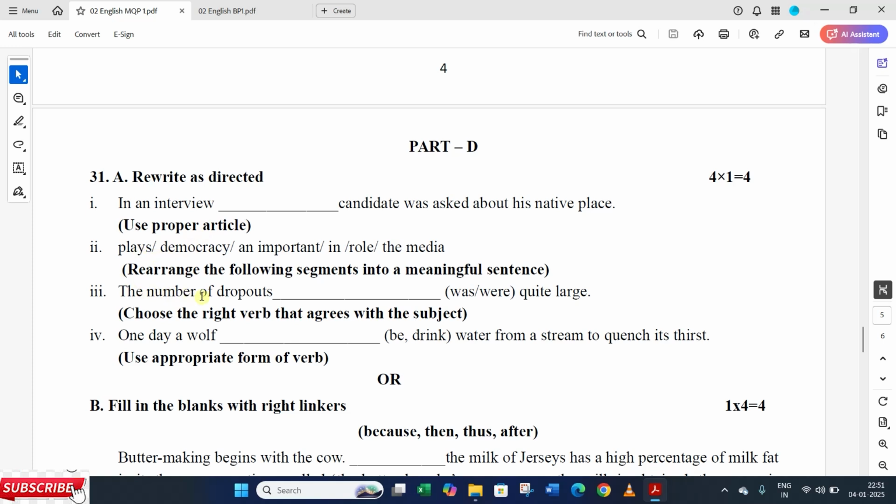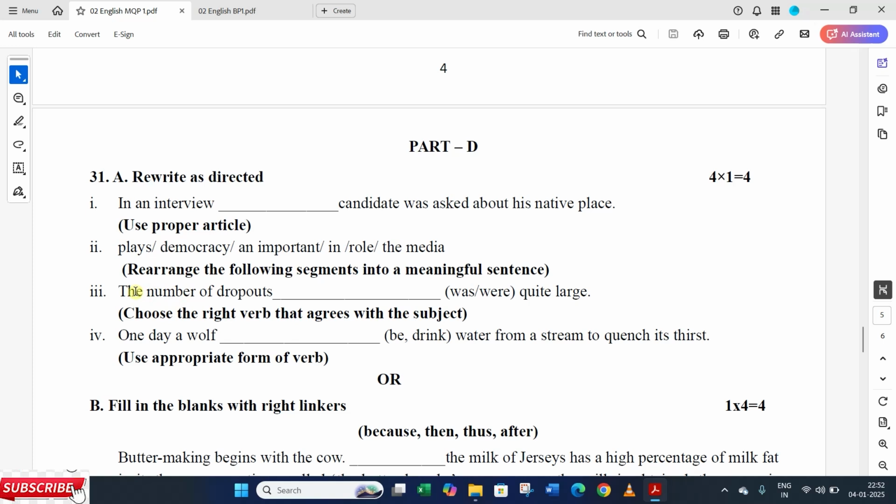Then you will find subject verb agreement. Then you will also find verb forms, as I have already discussed in the blueprint. So the very first question is use of the proper article. Then in question number 2, we have to rearrange the segments into a meaningful sentence. Then in question number 3, we have to use the right form of the verb which agrees.